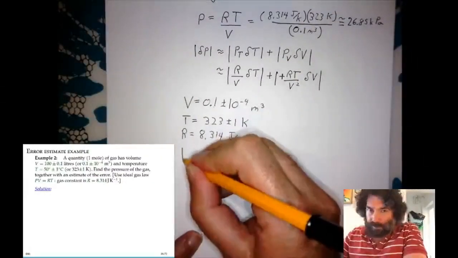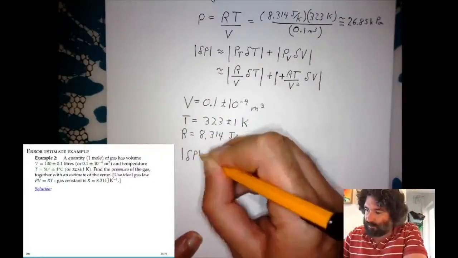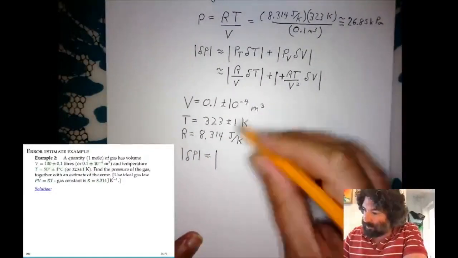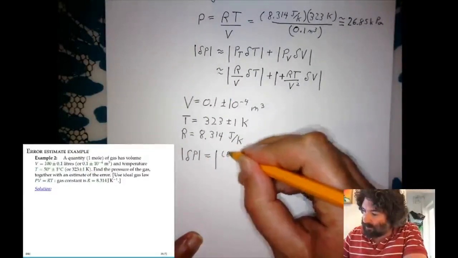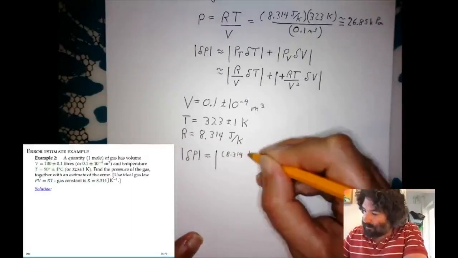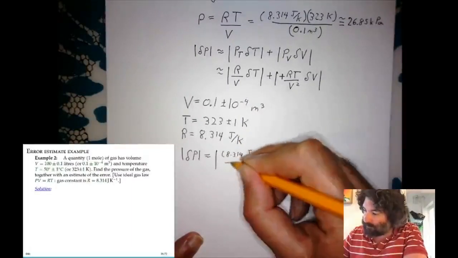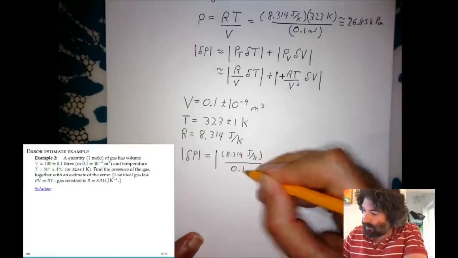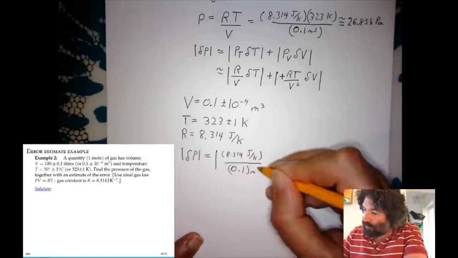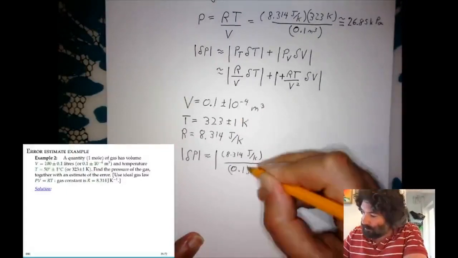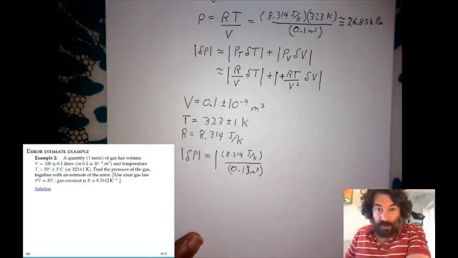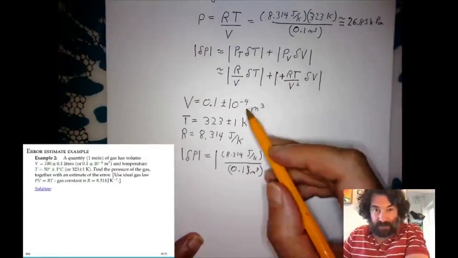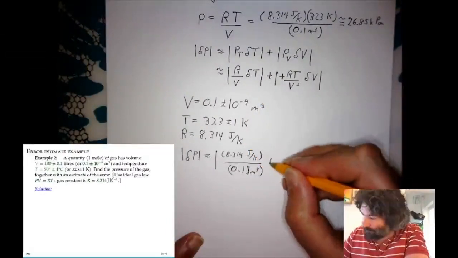And so the size of the error is approximately R divided by V, so that's 8.314 joules per Kelvin, divided by V, which is 0.1 cubic meters, times the error in the temperature, and the error in the temperature is 1 Kelvin.